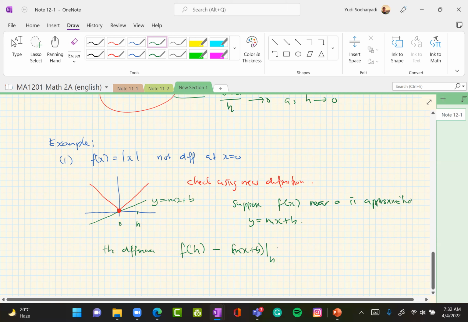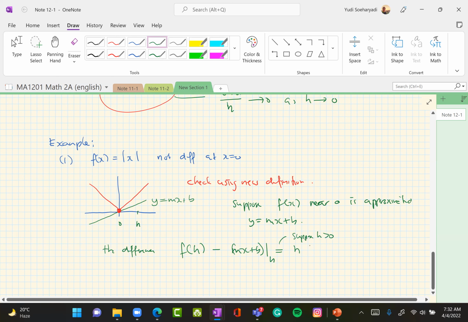So you get the absolute value of, say h is positive, so the absolute value is just h.